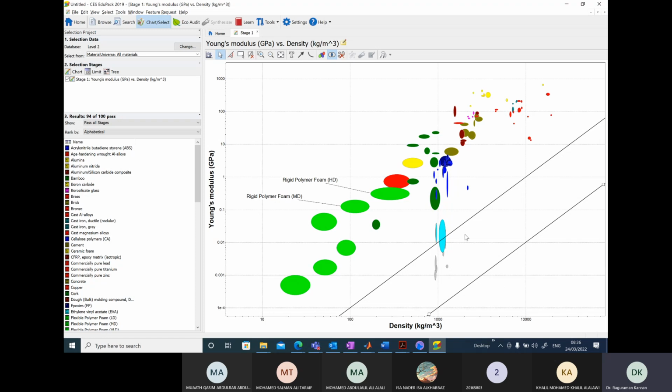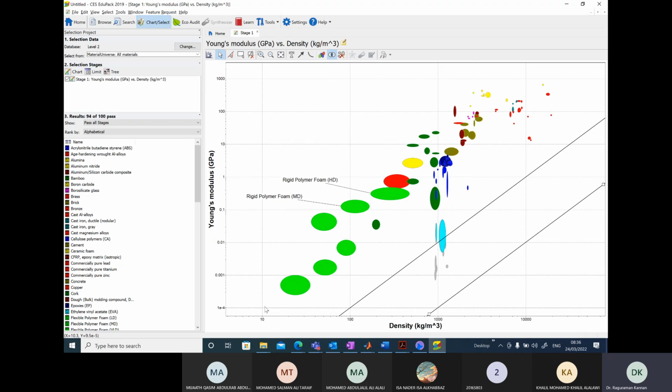Rather, to select my materials, I have to go 45 degrees towards the higher values of E. So all my material has to be selected in this particular direction. Now you can have limits for the particular materials which you are about to select, and the limits will be based upon the available materials for the guidelines.